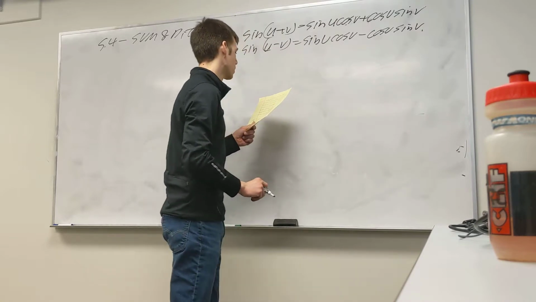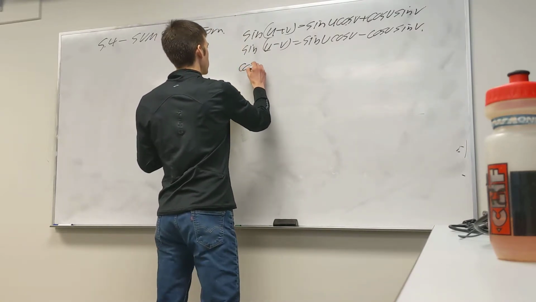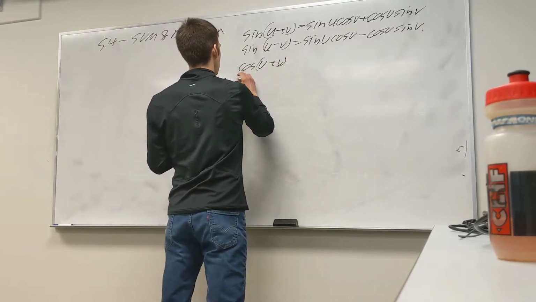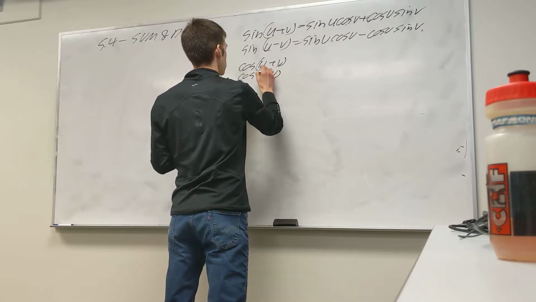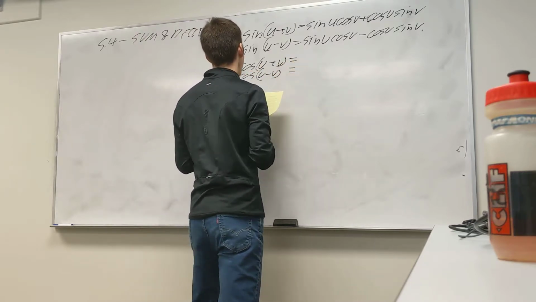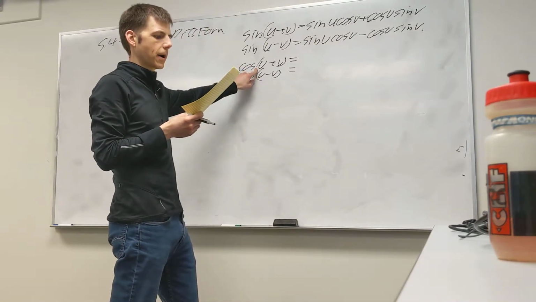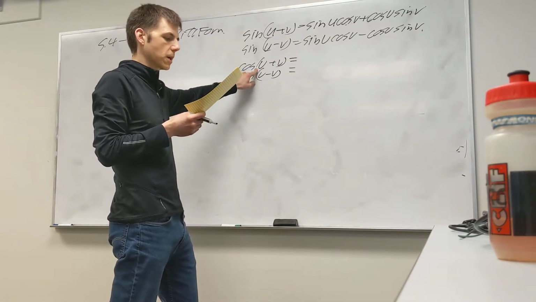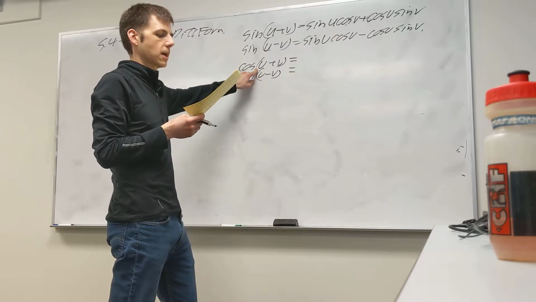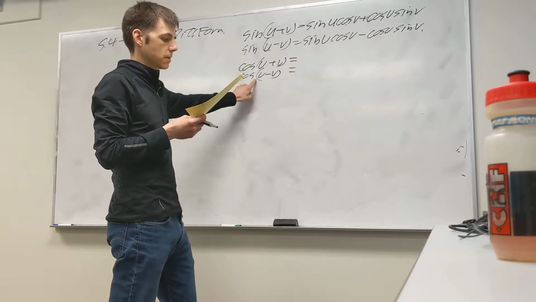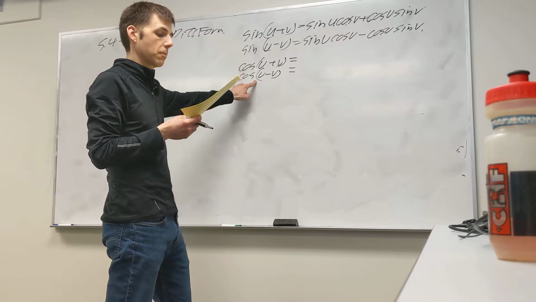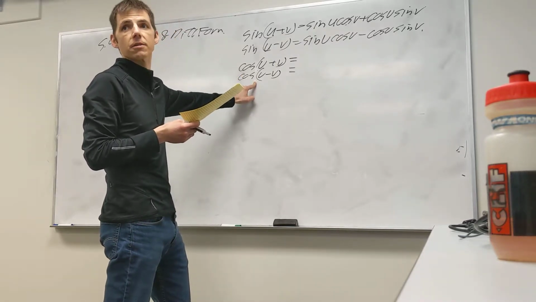And then you do cosine of u plus v and cosine of u minus v, right? The cosine of u plus v is cosine of u cosine of v minus sine of u sine of v. And the cosine of u minus v is cosine of u cosine of v plus sine of u sine of v, right?